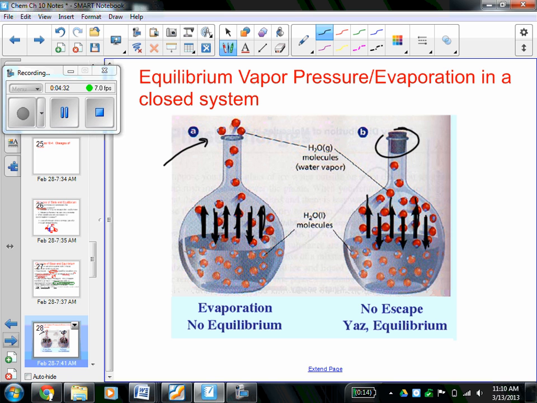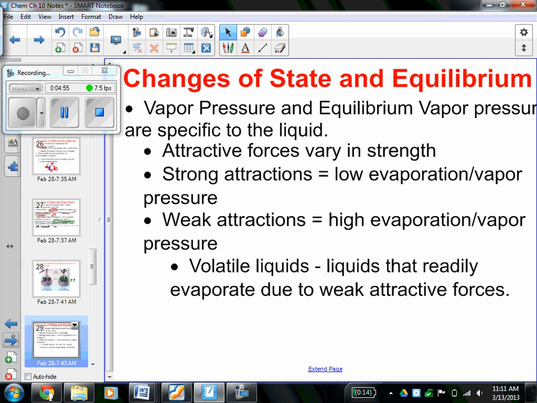So over time, this is giving us an equilibrium vapor pressure. So there's a certain pressure being exerted by these particles against the sides of the container and the surface of the liquid. Okay? If I increase the temperature, I obviously have an increase in evaporation, so it'll reestablish the vapor pressure at a different point. All right, next.